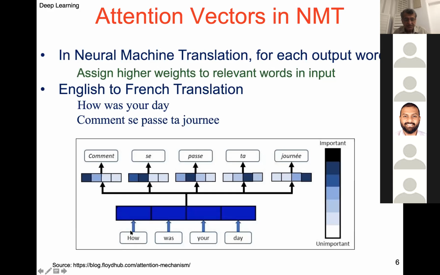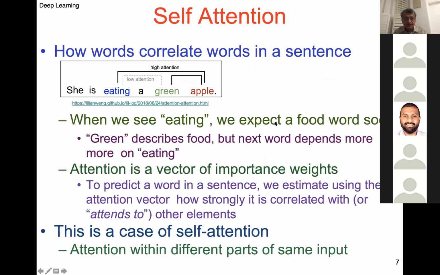Higher weights, so we just saw this example. English to French translation. How was your day? And it's comment s'est passée ta journée. And for each output word, how much important was each of these words? So that is what is called the attention vector. Again, the self-attention case we saw. Self-attention is attention within different parts of the same input.